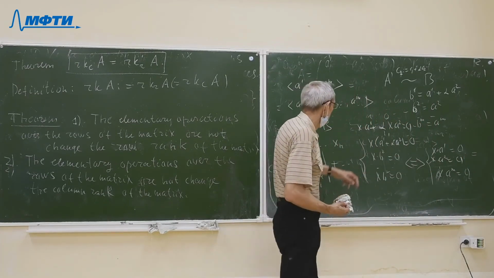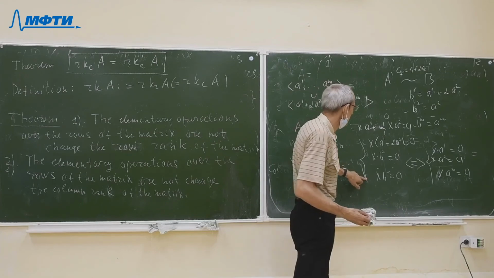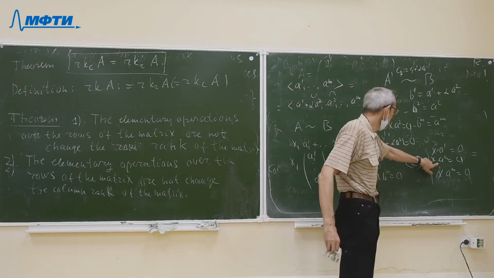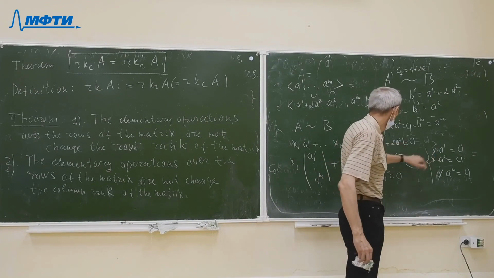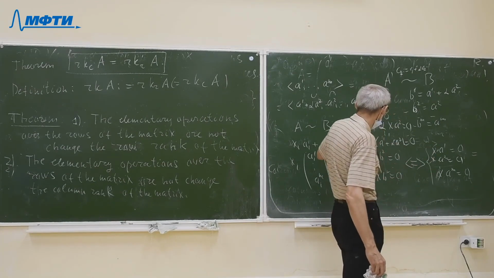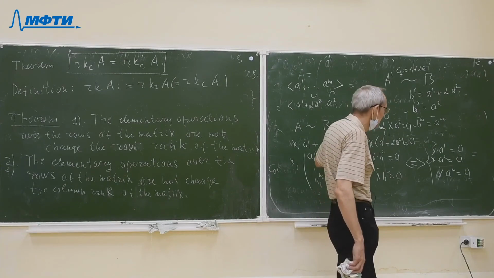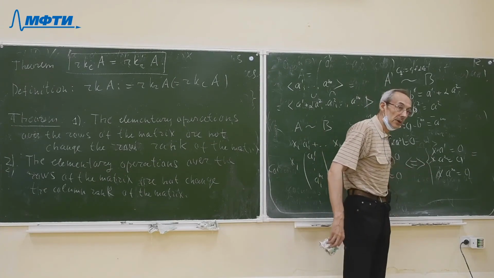And the opposite way, if we have this system, that means this term is equal to 0, and this is the difference between this and this, multiplied by alpha. And we obtain that these two systems are equivalent.